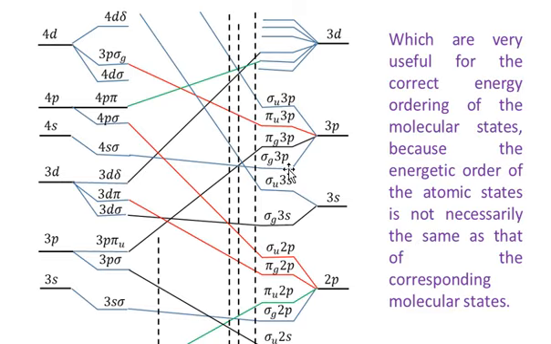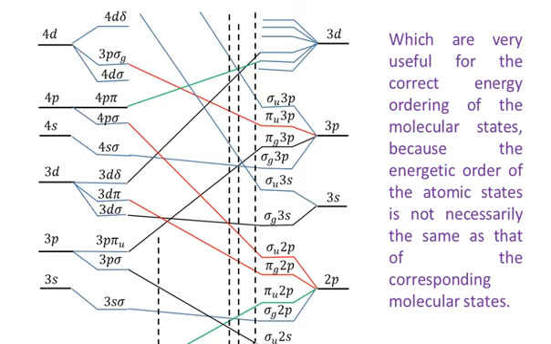One of the lowest energy levels will be 3pσg, the upper one is 3pπg, the next upper one is 3pπu, and the top one is 3pσu. Similarly, the 3s atomic state splits into two levels: one is 3sσg, the other is 3sσu. And similarly, we have the separation of these atomic levels on the right hand side as the separated atoms, and on the left hand side we have the united atoms.